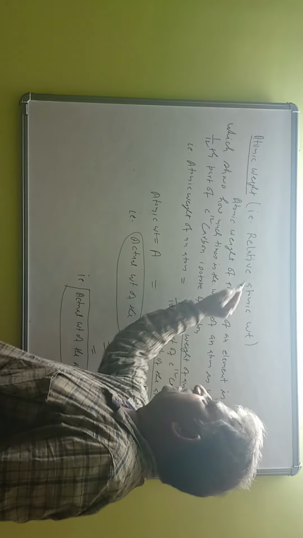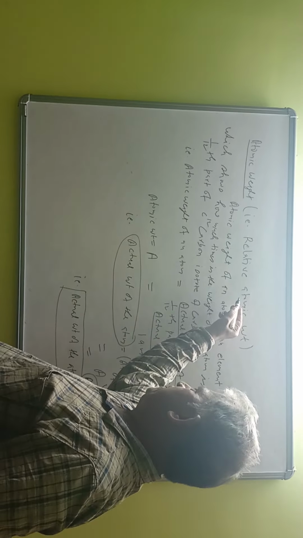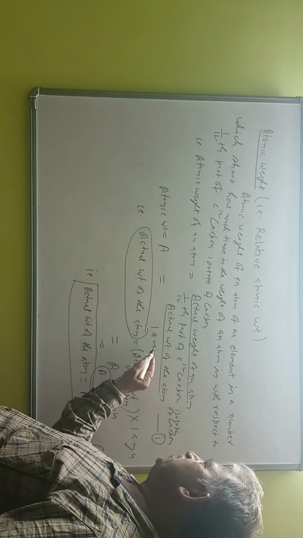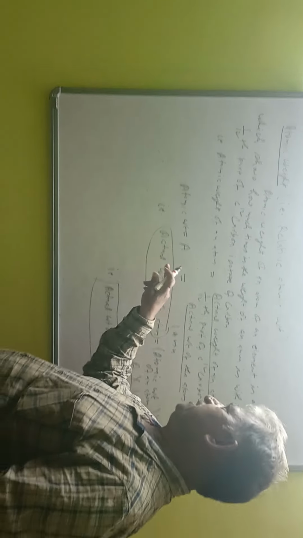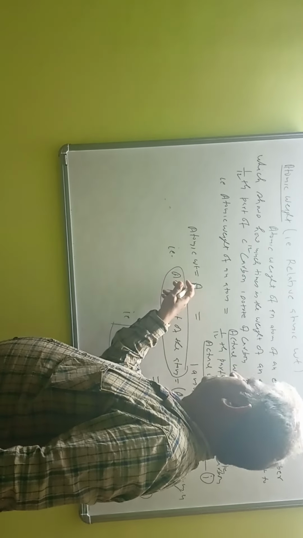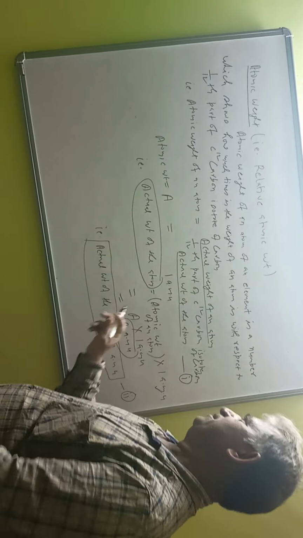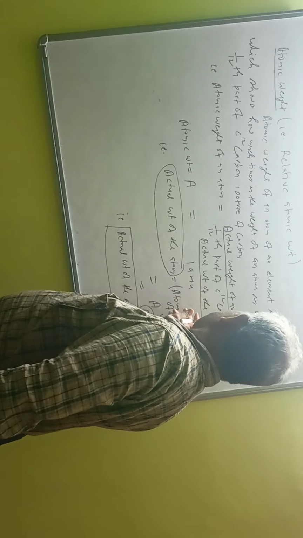So this is the second concept, and by having the concept of 1 AMU, which is in the denominator, and this second concept, which is atomic weight, that is A, having these two we can solve and get the actual weight of the atom.